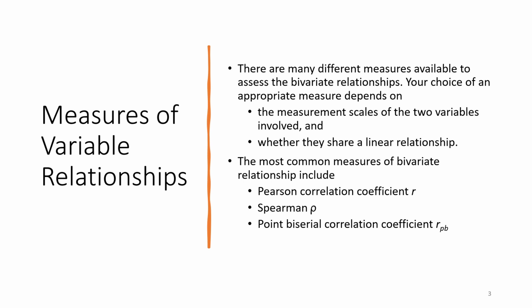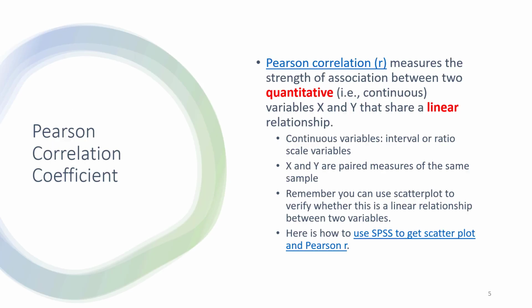However, please be aware that there are many different measures assessing bivariate relationships, and your task is to choose the appropriate one based on the measurement scales of the two variables and whether they share a linear relationship. Pearson correlation measures the strength of association between two quantitative variables that have a linear relationship.